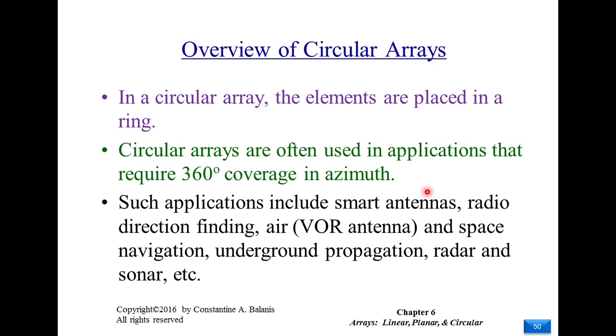If, for fixed theta, we are feeding the antenna to scan along phi, it will be the same shape because of the symmetry. And it has applications like smart antennas, radio direction finding, and so on and so forth.